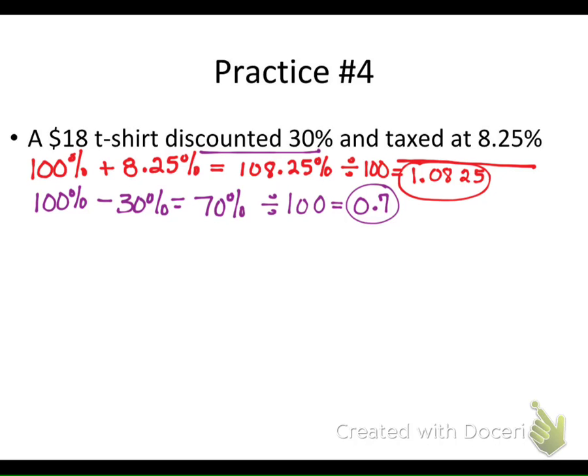Okay. So I'm going to put my original amount, the $18, and do what with it, Isaiah? Parentheses. To show multiplication. What am I multiplying 18 by? 1.0825. And?